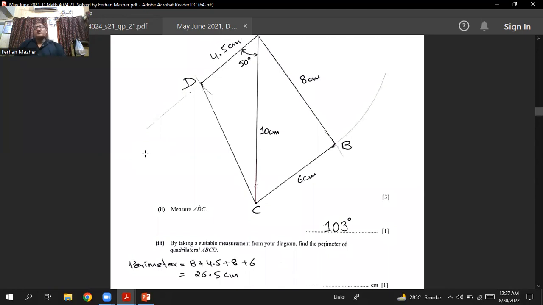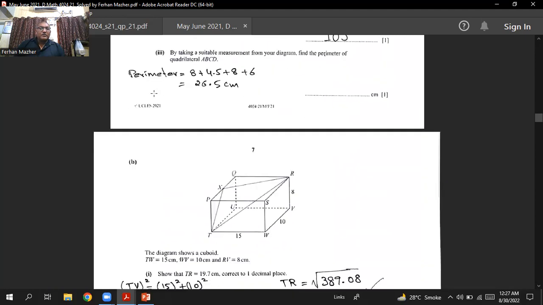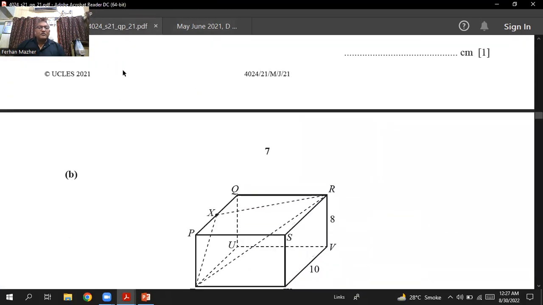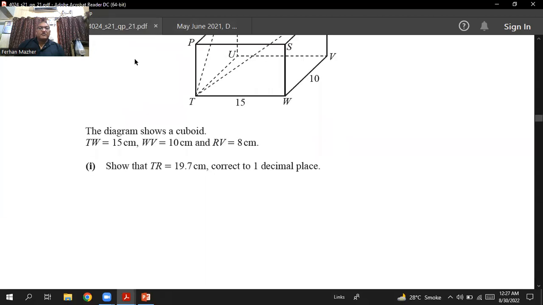So the whole question is showing up on your screen. That is question number 4. Okay, now we are going to the next part, which is the B part of question number 4. 3 marks question.